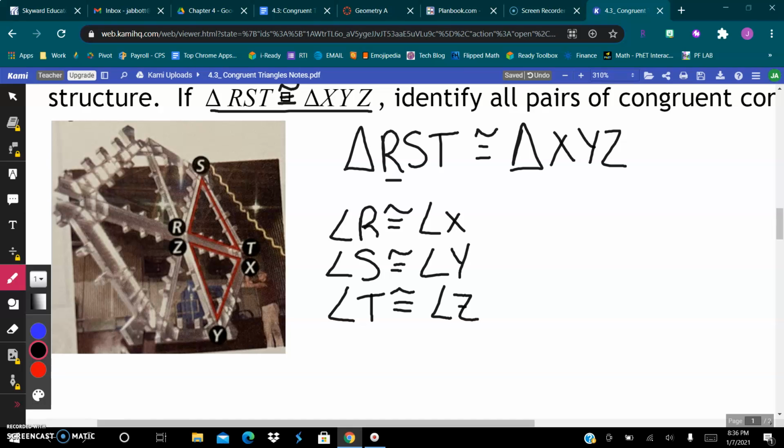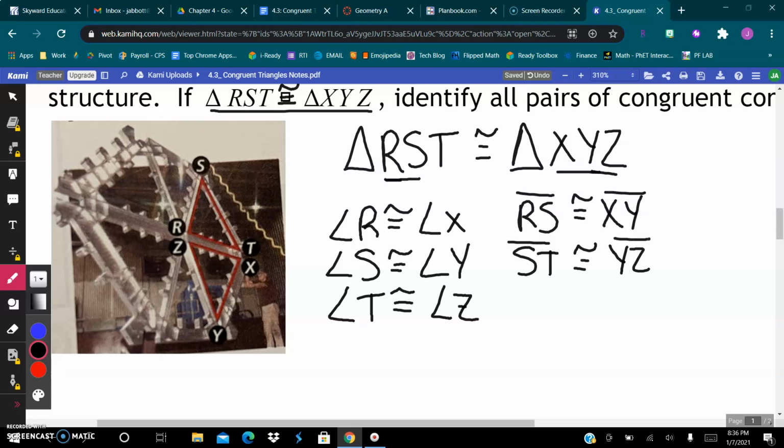And then we can do the sides. We have RS first, so segment RS is congruent to segment XY because those are the first two there. We can do ST in the first, they're next to each other, is congruent to YZ in the second.